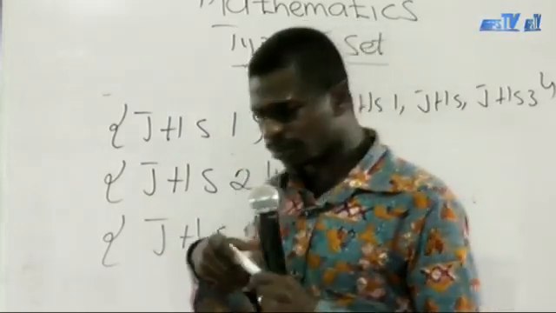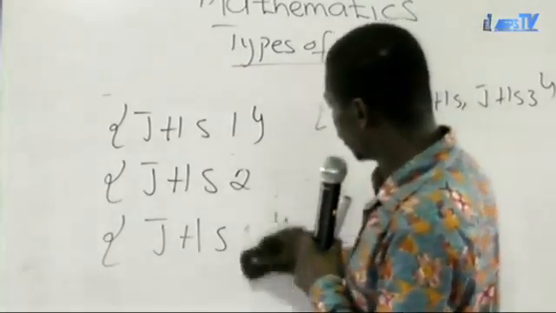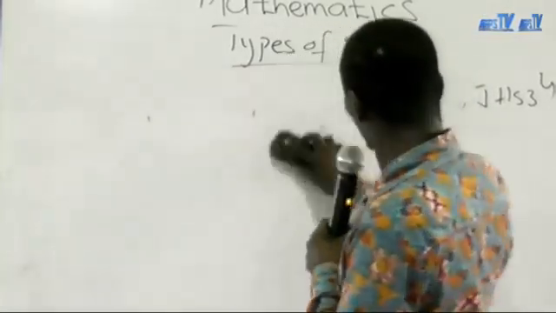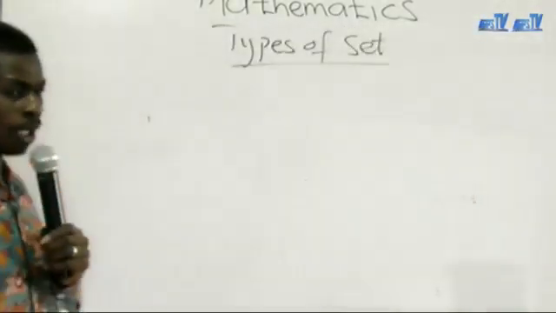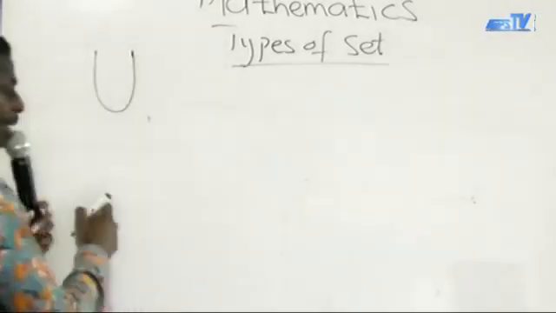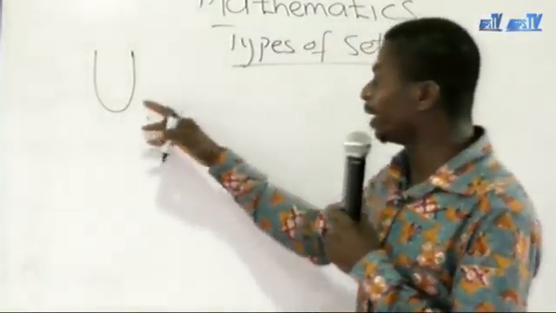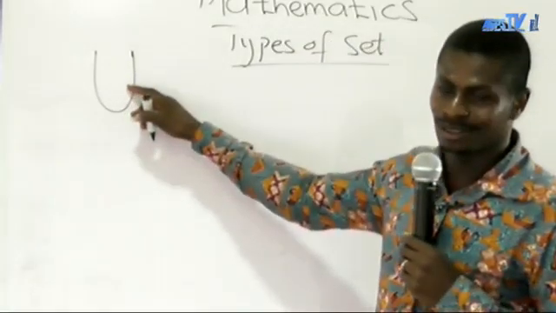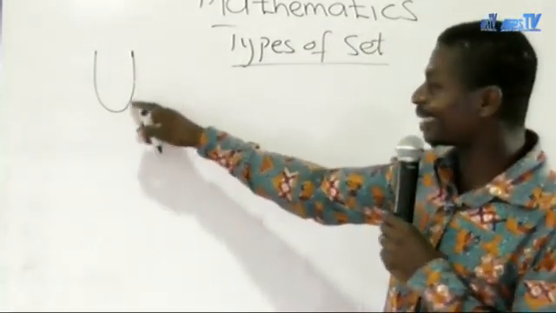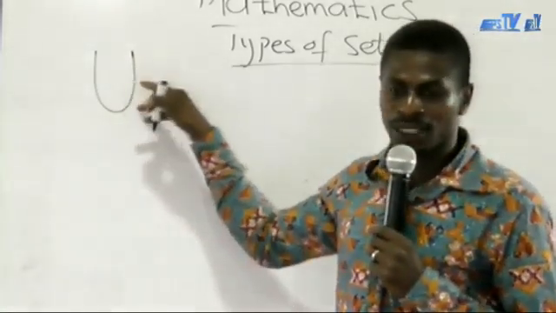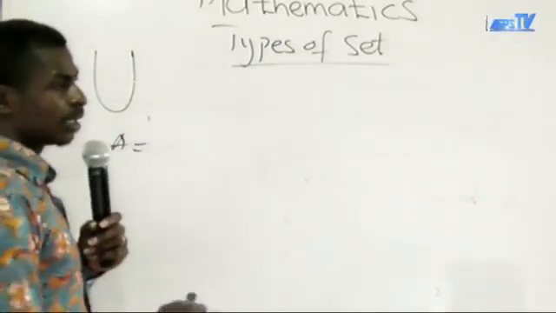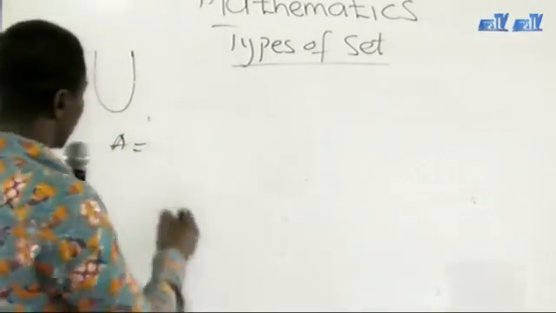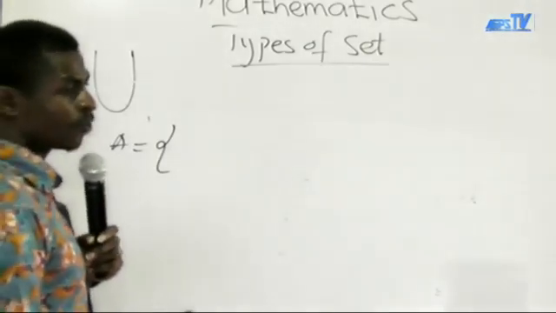Now let me give you a proper example so that when you're asked to have a union set, you will understand it better. Union set is denoted by this symbol. Please, let me reiterate that this symbol is not the letter U. Don't say U. This is a symbol that depicts a union and not the letter U. And so let us assume that I have set A, a set of the first 5 prime numbers.